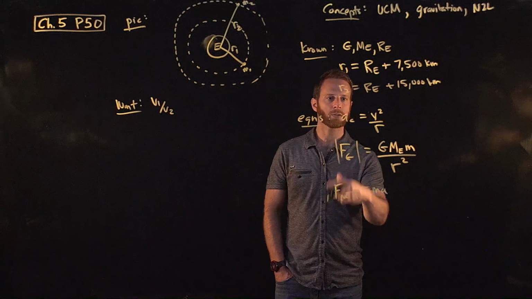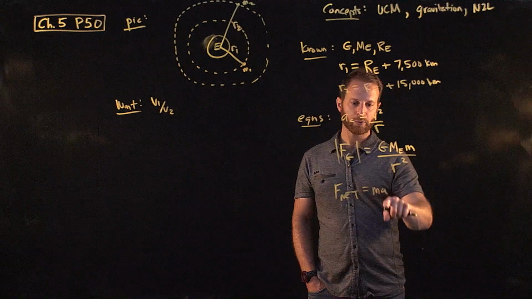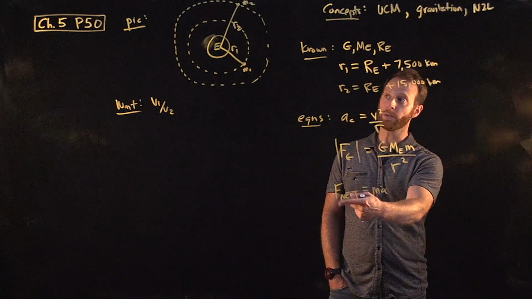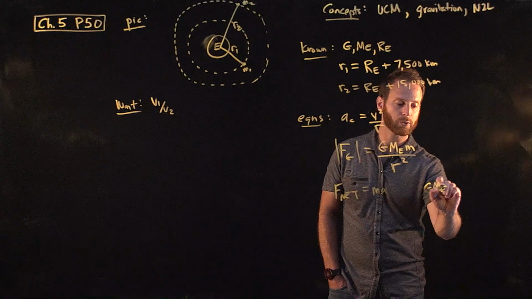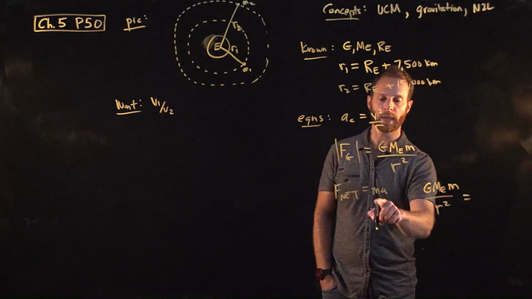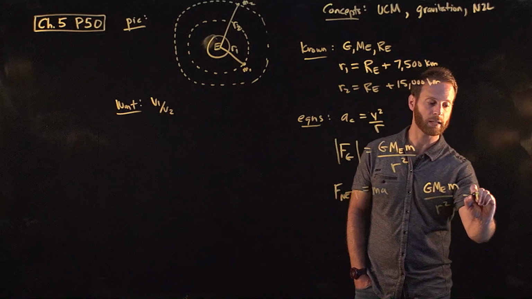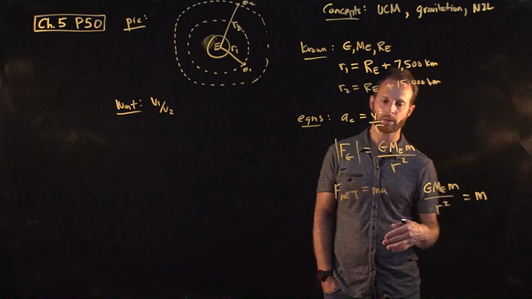Uniform circular motion, Newton's second law tells us that the net force is equal to mass times acceleration. So let's make some progress and see if we can figure out how the speeds might come into this. If we combine all three of these, Newton's second law says the only force acting on any one of the satellites is the force of gravity, G M_E m over r squared, equal to m a. Well, it's the mass of whatever satellite you're talking about. So you see right away that the mass appears on both sides of the equation.